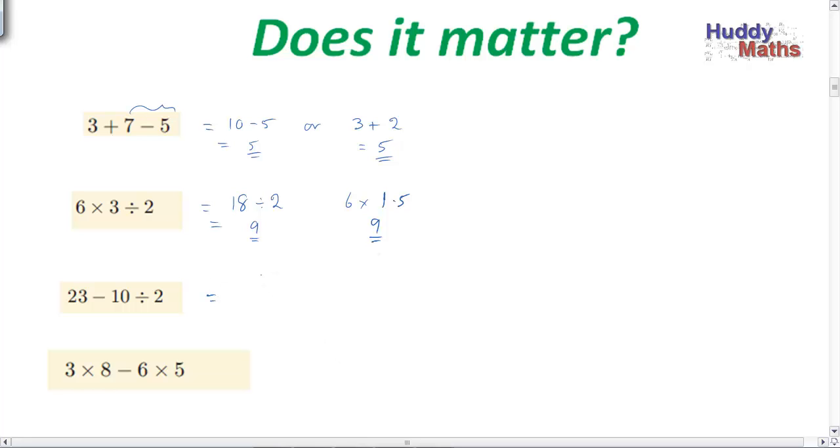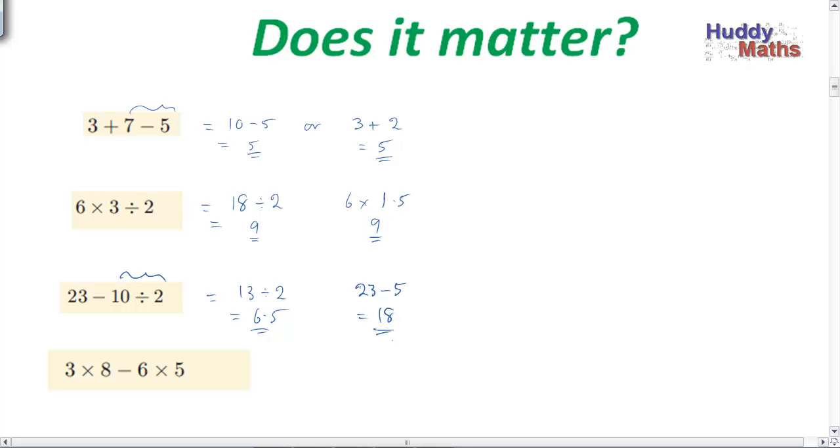Okay, let's do another one. 23 take 10 is 13, divided by 2 is 6.5. Let's do it another way. Let's do 10 divided by 2 first. So it would be 23 take 5, which would be, danger, danger.